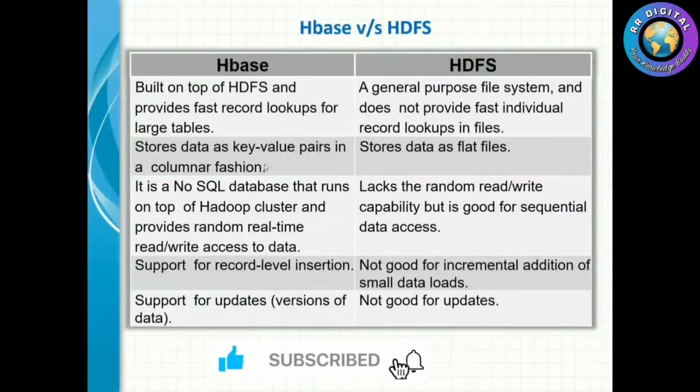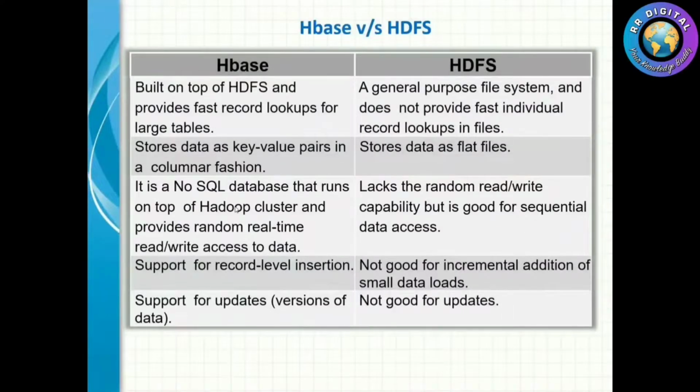Also, HBase stores your data column-wise. HBase is a NoSQL database. Generally, people will call HBase a NoSQL database. It also runs on top of a Hadoop cluster, and it provides random real-time read or write access.